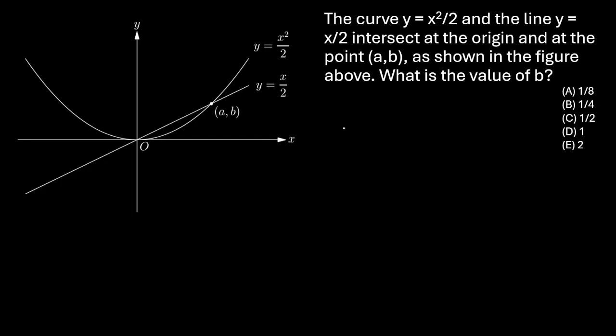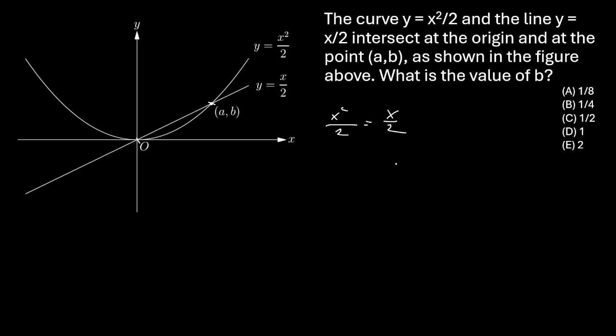So x squared over 2, that's the first one, equals x over 2 if and only if the graphed values intersect. And we have two intersections.